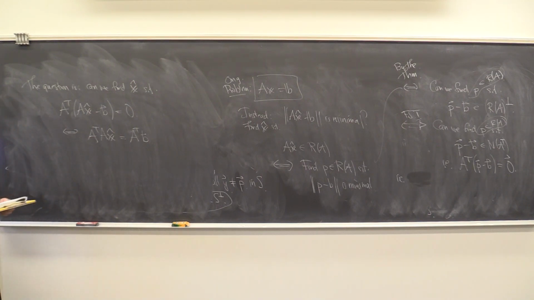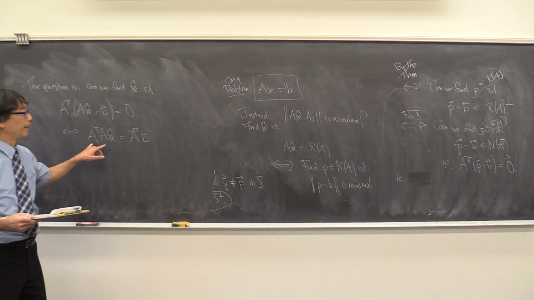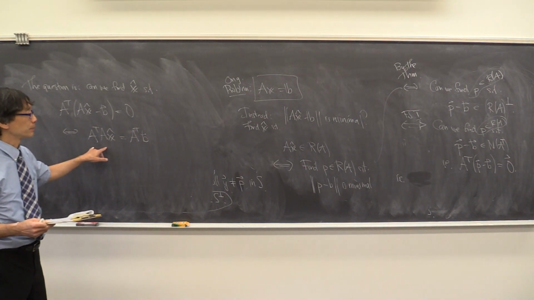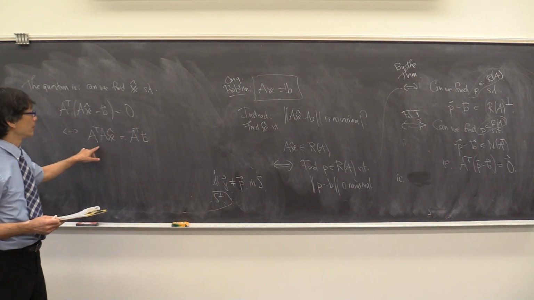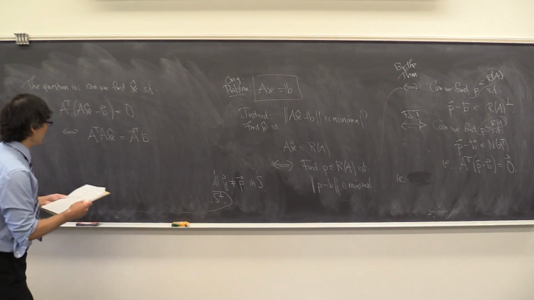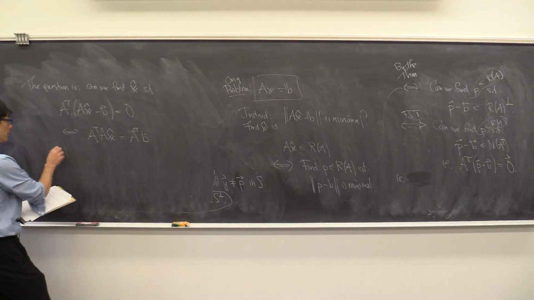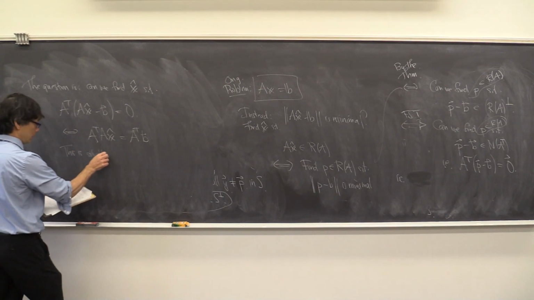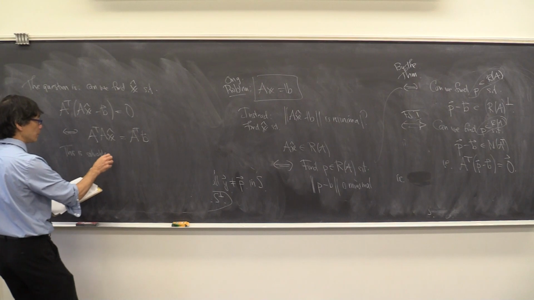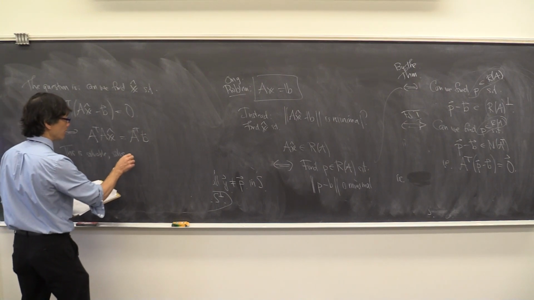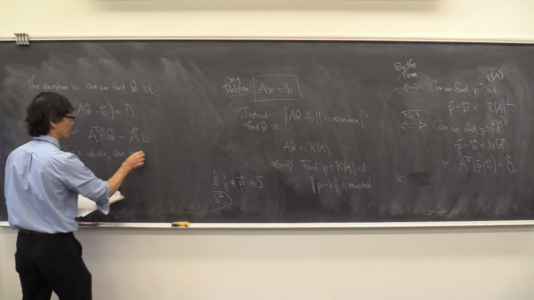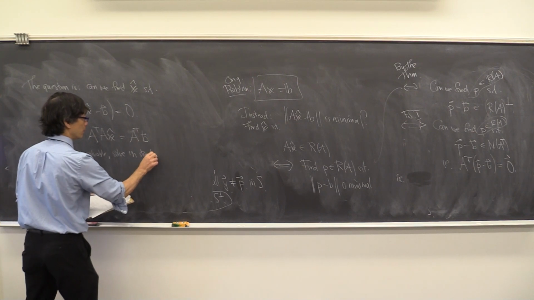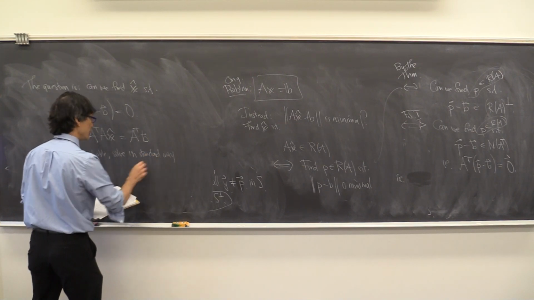This is the method of least squares. And this is solvable, so just solve in the standard way, using Gauss-Jordan.